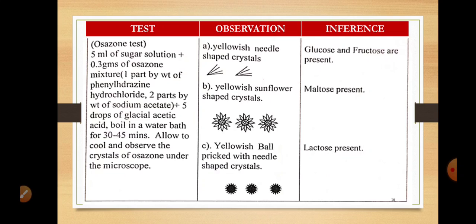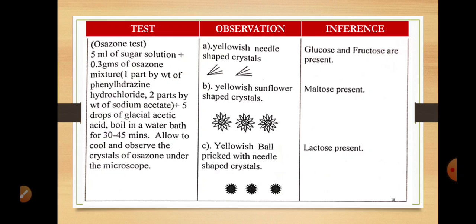If yellowish needle shaped crystals are seen, as in the diagram here, then it is an indication that the given carbohydrate is glucose or fructose, because in the previous test we identify whether aldose or ketose is present. If aldose is present, we can tell that glucose is present, because the yellowish needle shaped crystals are the same for both glucose and fructose.